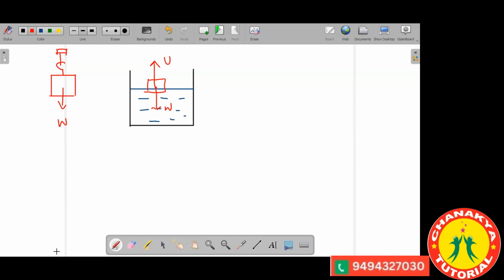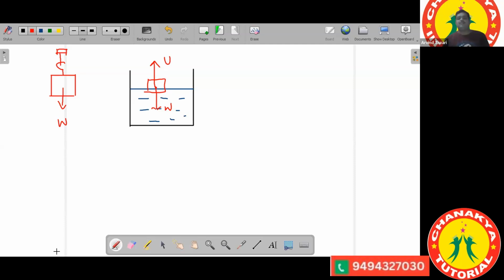It seems as if someone is lifting the block in the upward direction. It is equivalent to being in the air and trying to lift it from the bottom with your hand, so the block gets lifted up and its weight decreases. So if the block is kept in water, its weight will decrease and there will be a loss of weight.